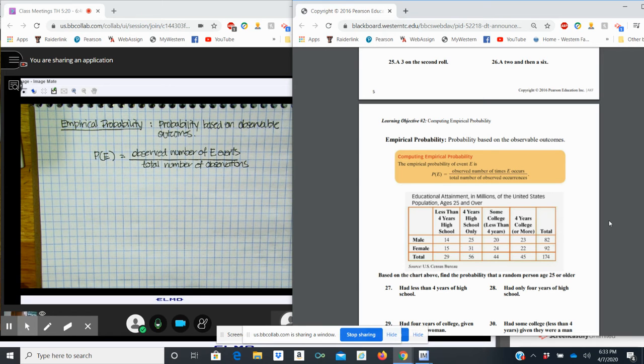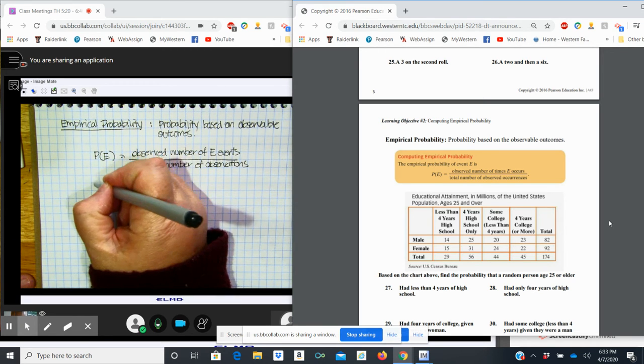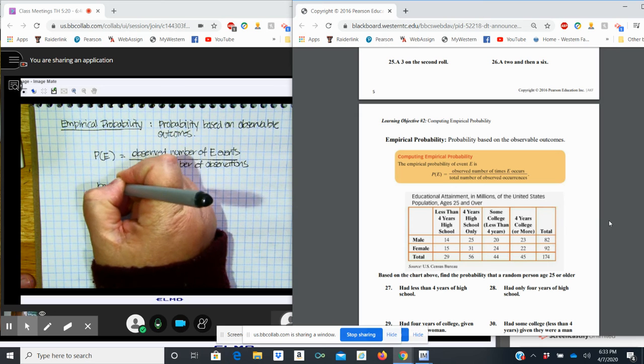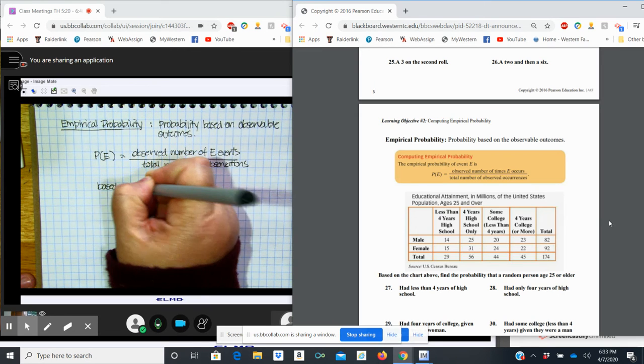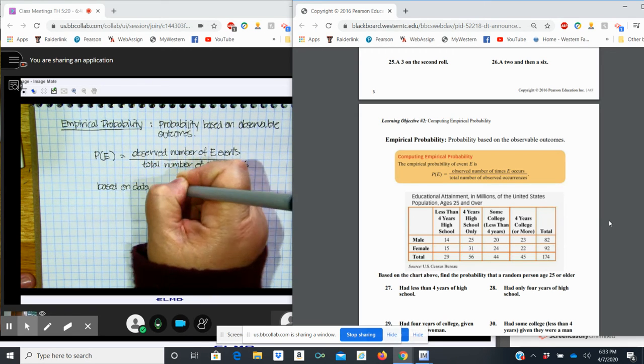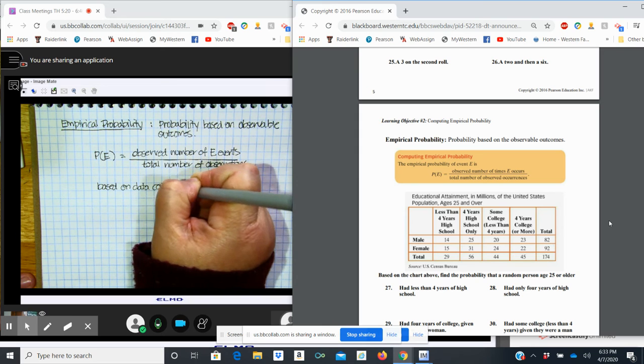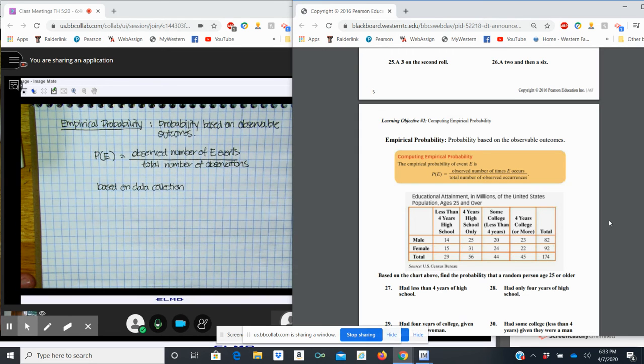Okay, these are often based on data collection rather than something tangible like the sides of a die.